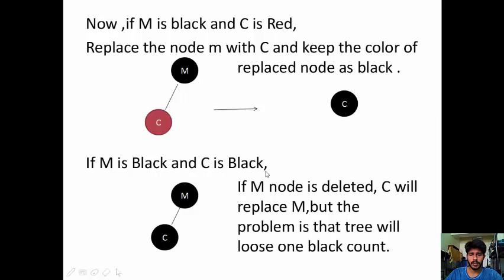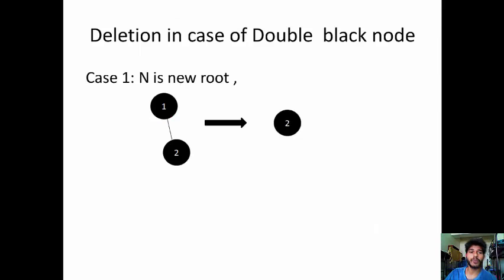So the problem is that there is a lost black count, and we have to manage that. Now here come the 6 double black node deletion cases.